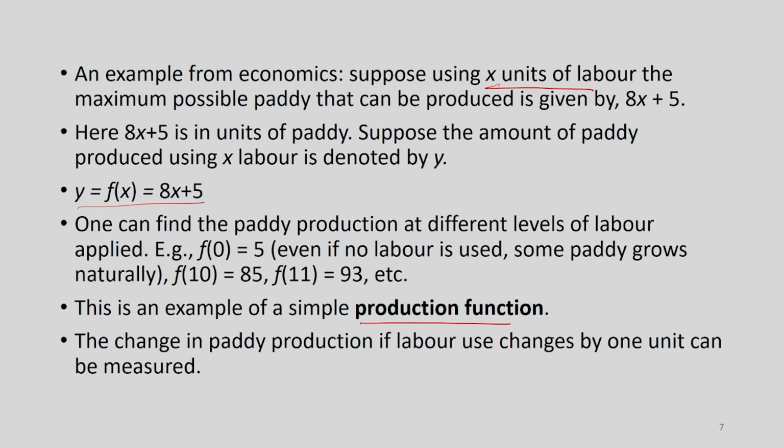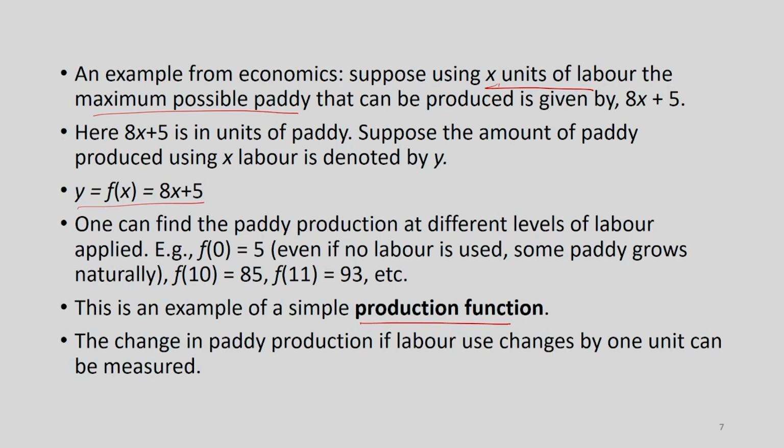And what is y? Y is the amount of production, and more precisely it is the maximum possible paddy. So, here paddy is being produced. So, y is the maximum possible paddy that can be produced by putting in x units of labor. Why did I say maximum possible?